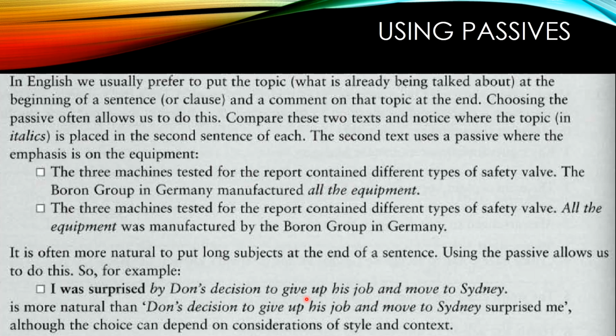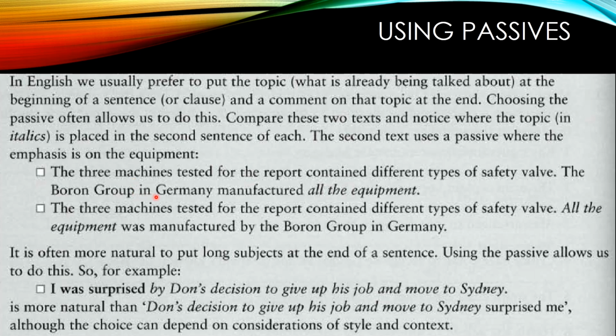Some more information about using passives. In English, we usually prefer to put the topic at the beginning of the sentence and comment on that topic at the end. When we use the passive, we can do exactly this. Just look at these two examples. The first example: The 3 machines tested for the report contain different types of safety valve.